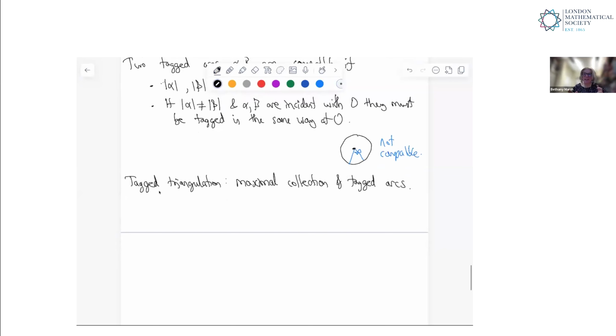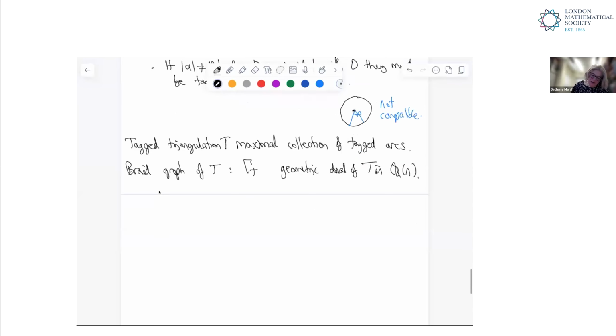Okay, and then as Francesca was talking about, we need a way to get braids out of this triangulation. So it's some kind of generalized triangulation, and if T is a tagged triangulation, we have the braid graph of T. It's the geometric dual of T in ODN. So what is this geometric dual?